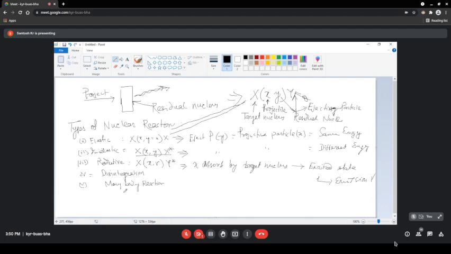Then what can disintegration be? In disintegration, this is the same type: x, y and capital Y. In this case all are different from each other, not just energy.